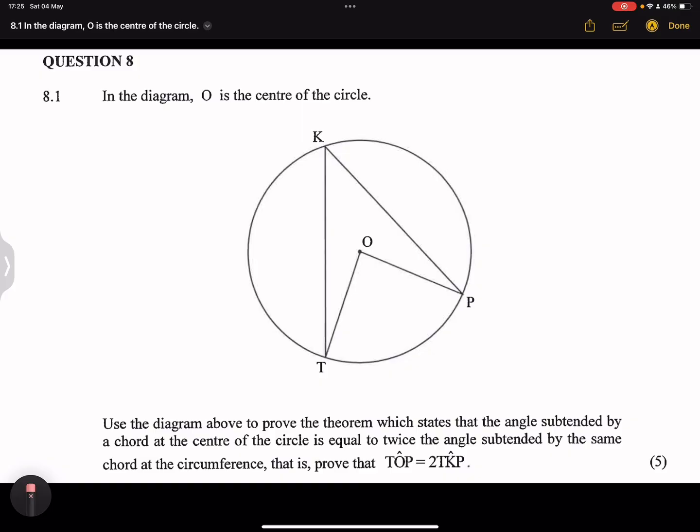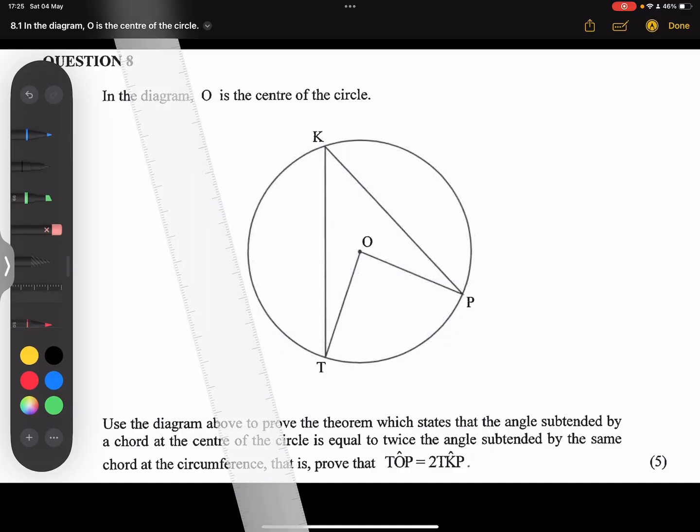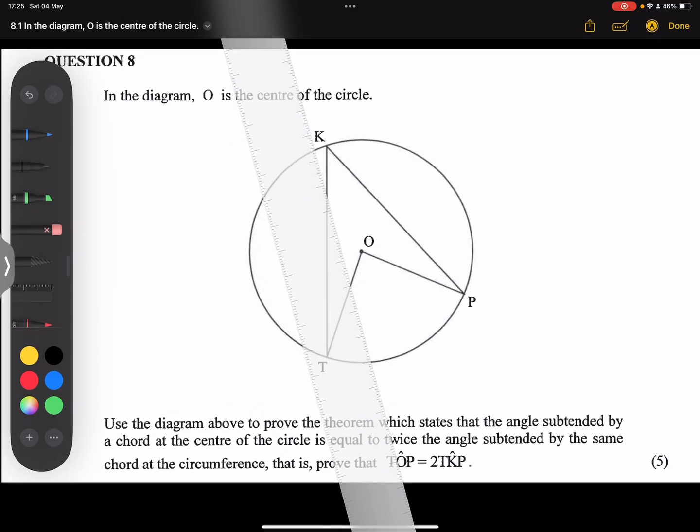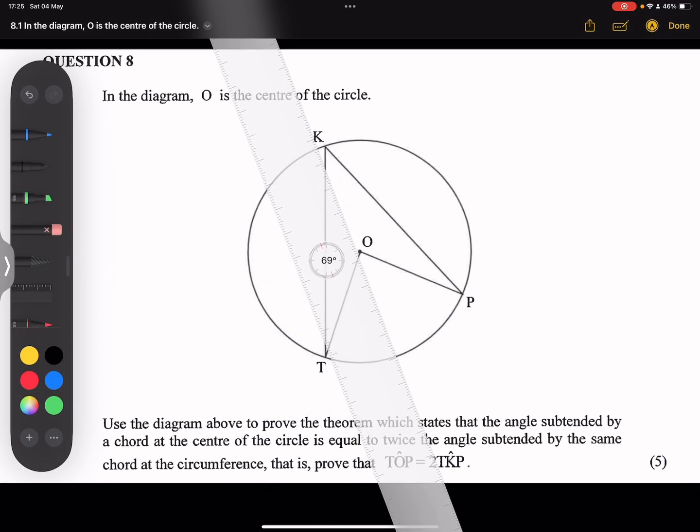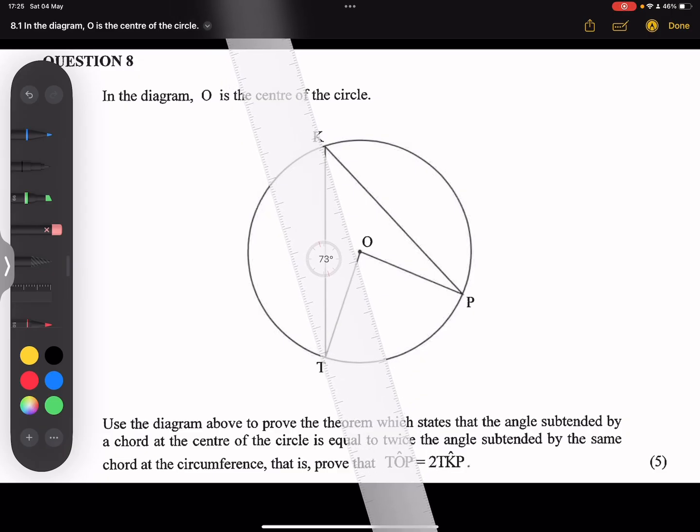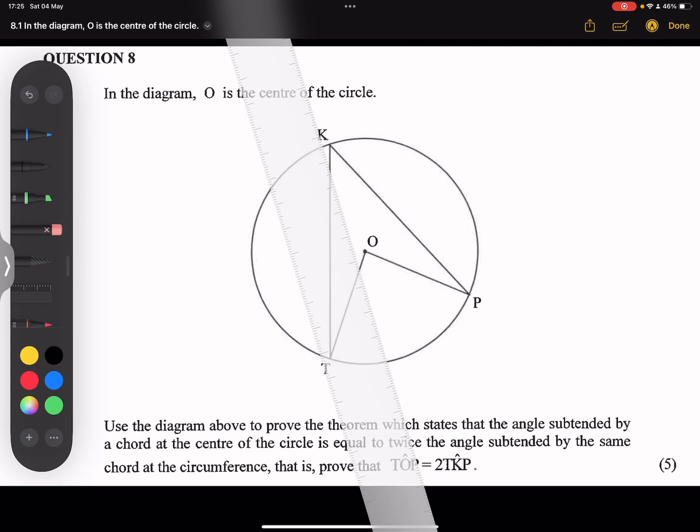Now, the first thing that you're going to do, ladies and gents, every time we are proving this, is make a construction line. And please, when you construct that line, also state it. So I'm going to construct line KO. I'm just trying for it to be as accurate as possible.